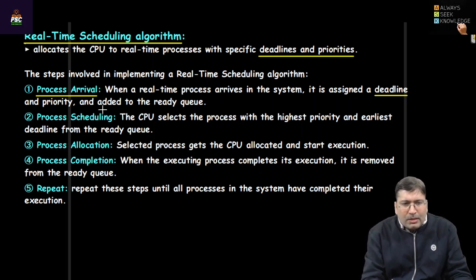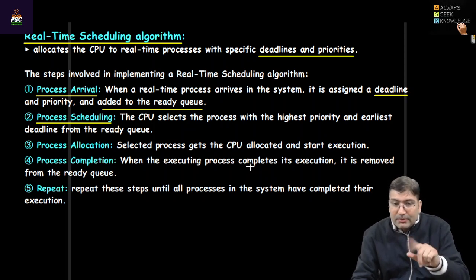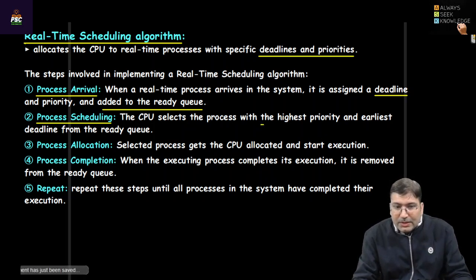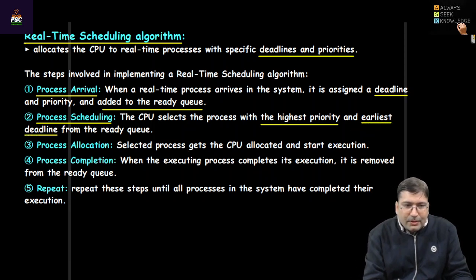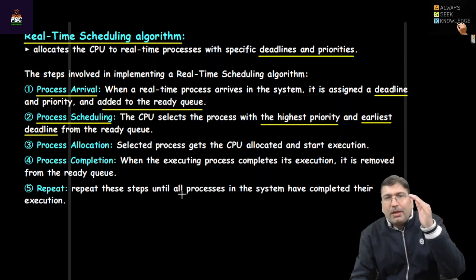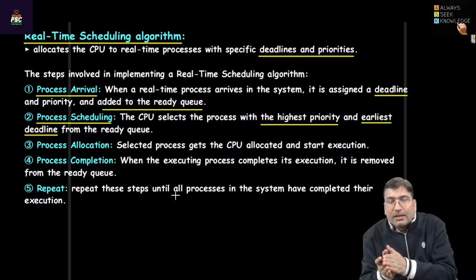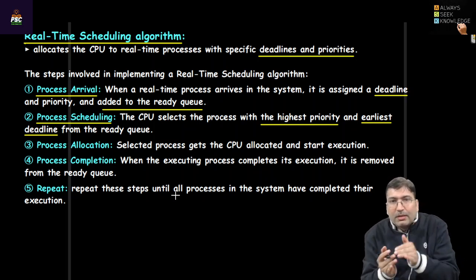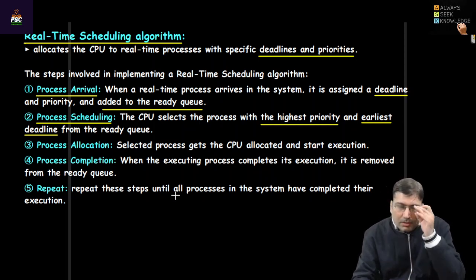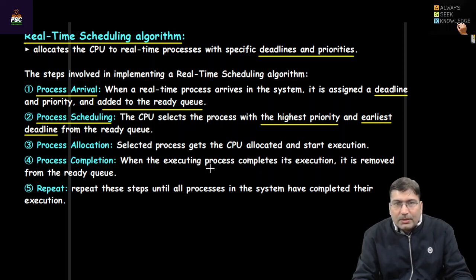Then when it arrives, it will be added to the ready queue and then the process will be scheduled. But the scheduling criteria is very important here. First is the process of highest priority and earliest deadline. So if a process has the highest priority, then the second parameter will also be compared, the earliest deadline. Highest priority, earliest deadline, the combination. Based on the combination, the scheduler will decide which process needs to be scheduled.